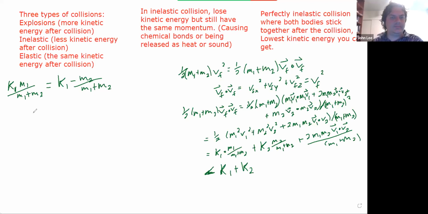And then same thing for K2: K2 times M2 over M1 plus M2 is equal to K2 minus K2 times M1 over M1 plus M2.